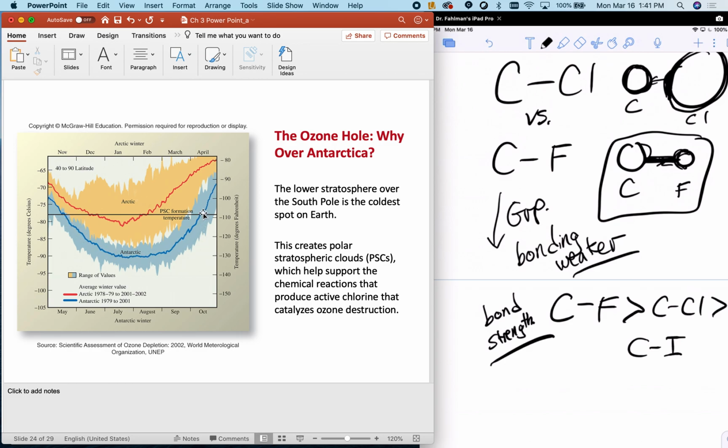So you can get these PSCs forming in Antarctica anywhere from May to October, whereas in the Arctic, it's not for most of the year that you have these cloud forms. Because of that, it's always going to be worse over Antarctica.